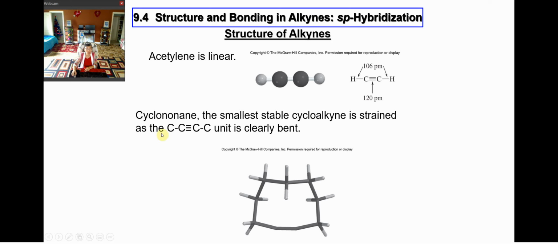So the smallest cycloalkane possible containing a triple bond is composed of 9 carbons, as we showed in this molecule. You can see the molecule is obviously going to be subjected to bending, including the triple-bonded carbons. This part, the 2 triple-bonded carbons, is bonded with 2 more carbons, so you see the bending occurring.